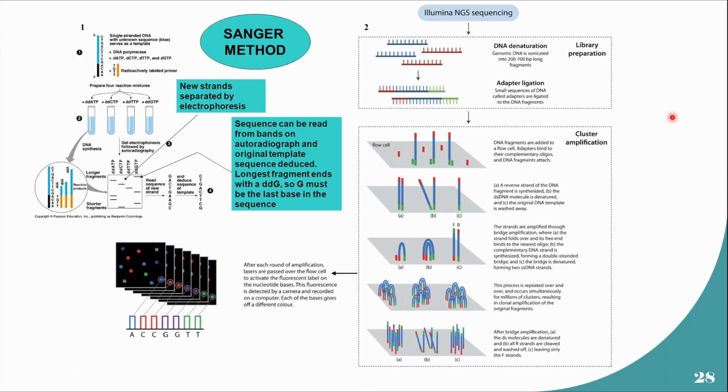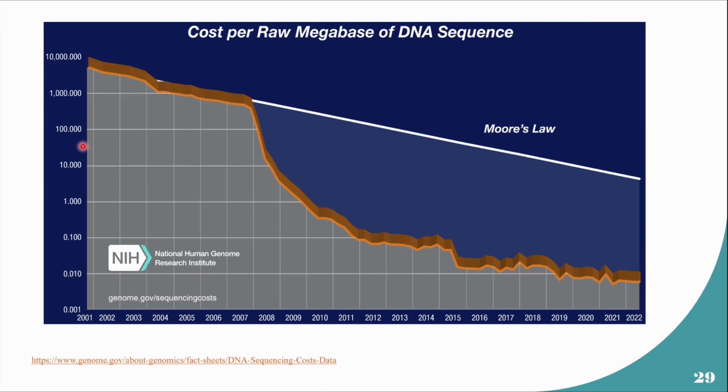And then the big data analysis that we talked about earlier. Of course, in the earlier era, the Sanger method was widely used. Now you have the NGS sequencing processes, which can churn out a lot of data in a small amount of time. We saw one plot from 2001 right up to 2022.